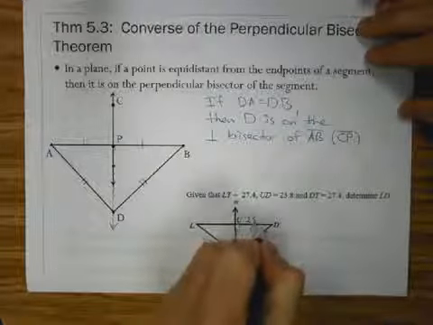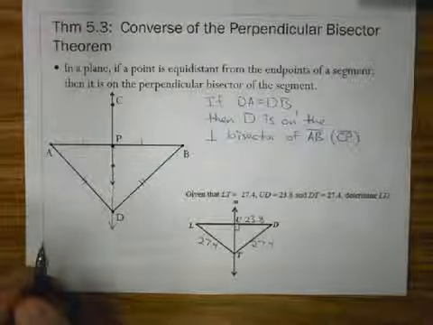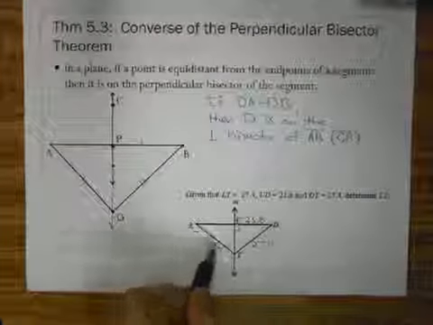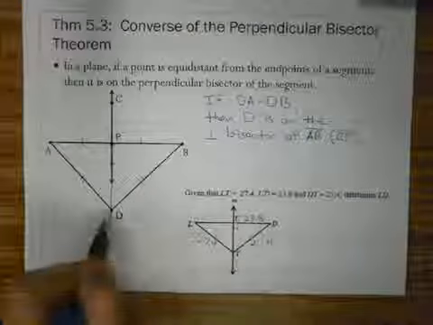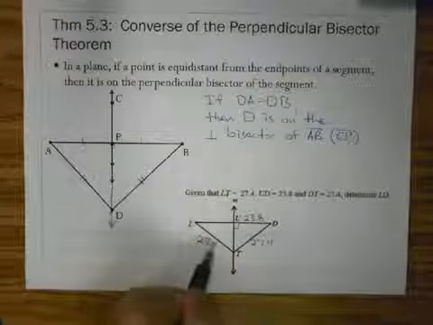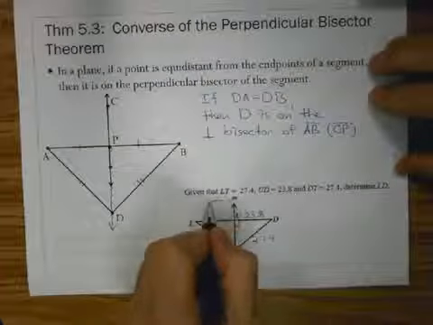Okay, look at an example. Now we have LT is 27.4, UD is 23.8, DT is 27.4, and they want us to find LD. Now if we look at this one, we have this point T is equidistant to L and D, like we had here, equidistant.